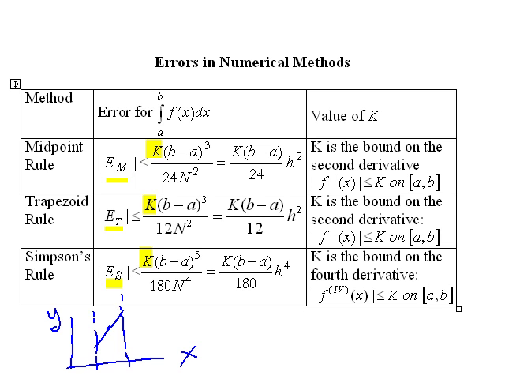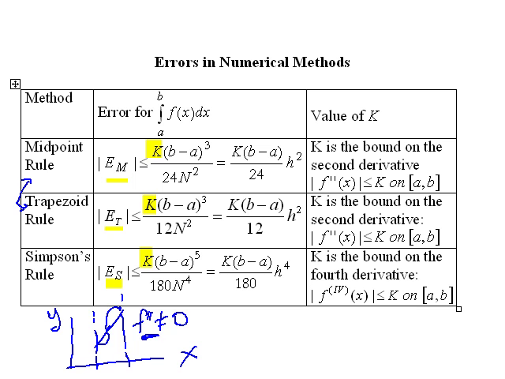All right. Where you get the error is because the function is doing something like this. It's because, in this case, its second derivative is not 0. If the second derivative is 0, you get an exact fit on these two rules. The error has to do with how much of a second derivative you have.